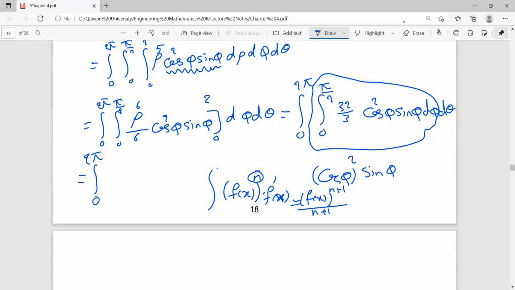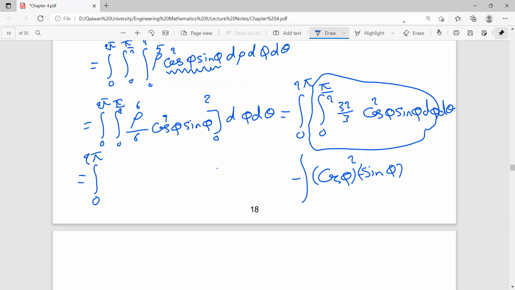And here we have a similar function. We have cosine squared of phi times sine of phi. If we take its integration, the derivative of cosine is negative sine. So you must multiply it by negative, and you have a negative sign outside of the integration. We have cosine squared of phi times negative sine of phi d phi.